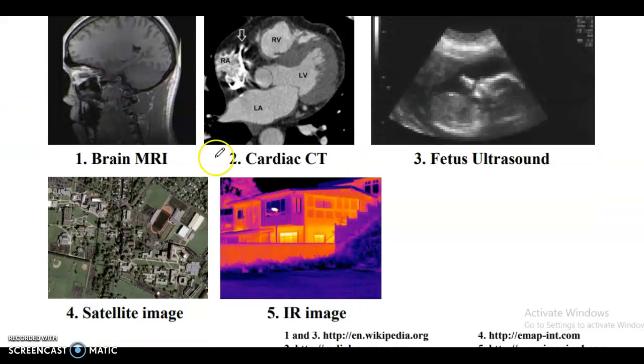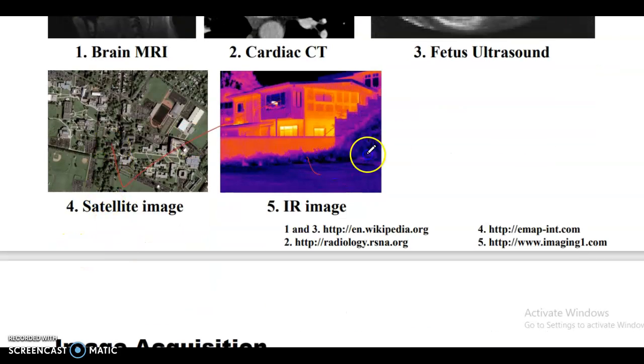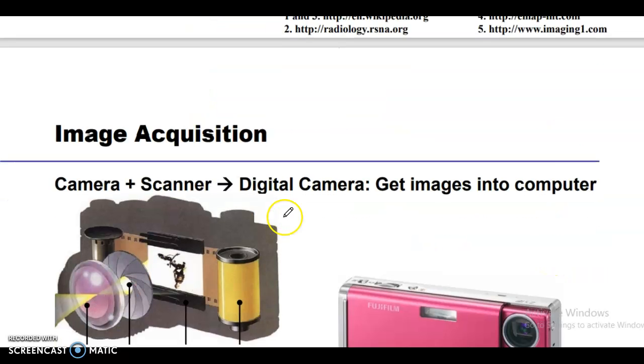Examples: brain MRI, cardiac CT, fetus ultrasound, satellite image, IR image. All are available in Wikipedia, Radiology, RSNA, emapint.com, www.imaging1.com.